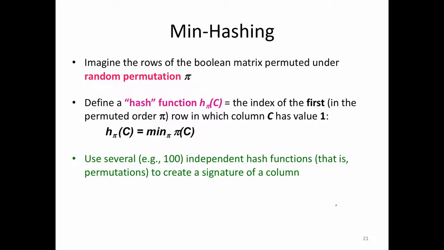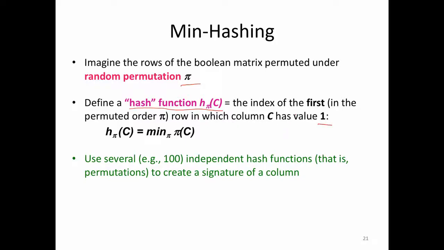Now consider a random permutation pi of the rows of this matrix, and define a hash function h pi of c as the index of the first row, in the permuted order, which has a value 1.